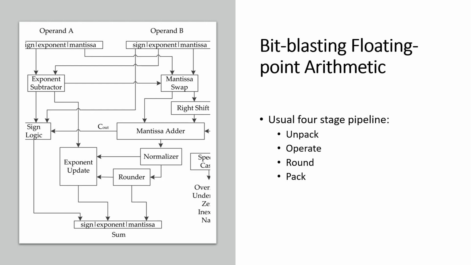The usual four-stage pipeline: unpack, operate, round, and pack. In the unpack stage, the floating point is split into three bit vectors: one for the sign, one for the exponent, and one for the significand. In our floating point API, the unpack operation also adds the hidden bit to the significand and unbiases the exponent. In the operate stage, the conversion and arithmetic operations are performed on the three bit vectors.